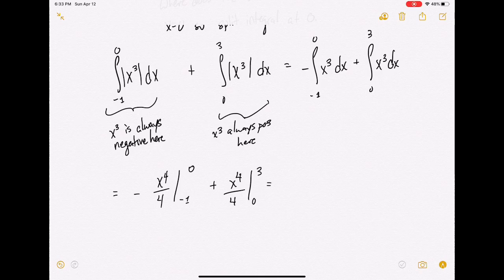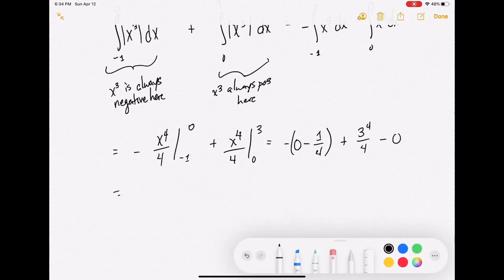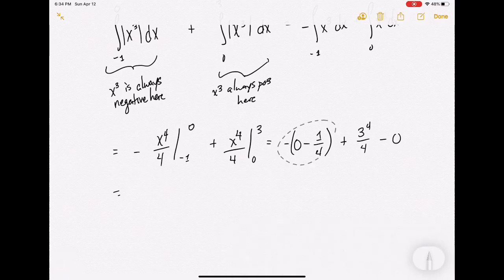We would get -0 minus 1/4 plus 3 to the 4th over 4 minus 0. And so now we see why these two negatives right there cancel each other out, and it keeps everything positive.